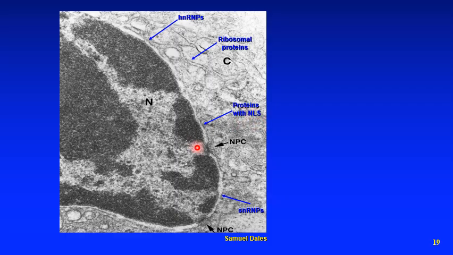All sorts of things that have to go into the nucleus have to go through the pore. On the other hand, things that come out of the nucleus also have to go through the pore. What is coming out of the nucleus? Well, tRNA, rRNA, mRNA, and things that have nuclear export signals. So here we're going to look at the nuclear import signals and then nuclear export signals.